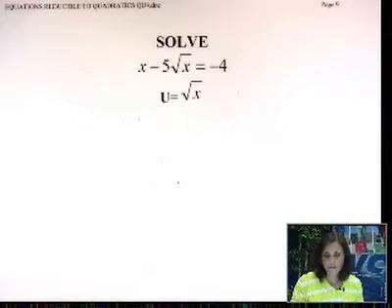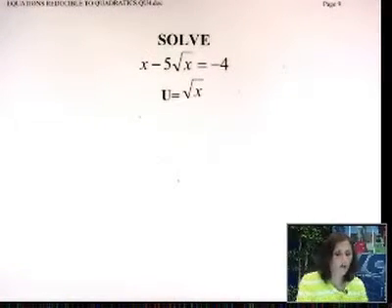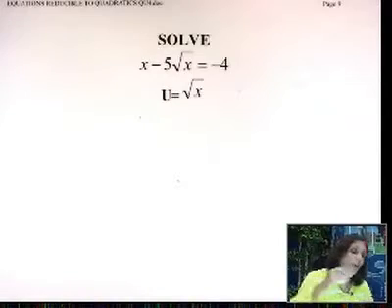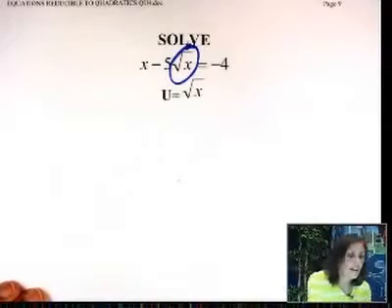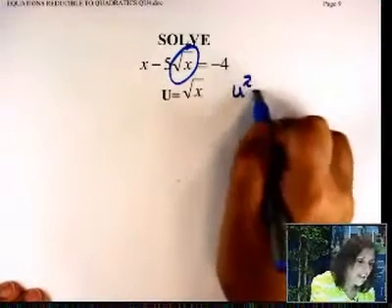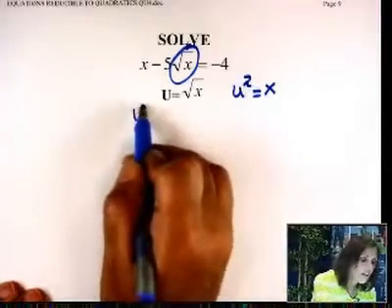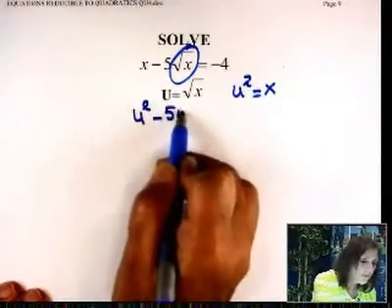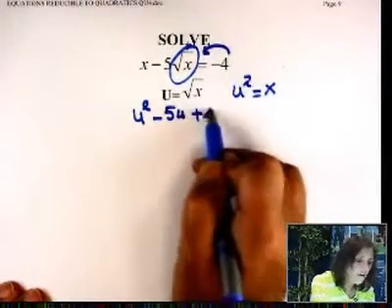Let's do another one. U equals rad x. How do I know that? You kind of know how that works. You just go to this term, and that term actually gives it away. And u squared is x. Okay, so let's go put it in. U squared minus 5u. Now, I have to move this over there.